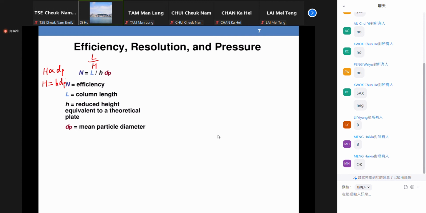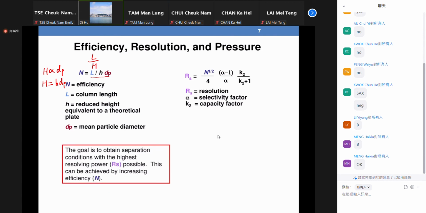Small h here is the reduced height equivalent to a theoretical plate. When dp decreases, N increases, and resolution is related to the selectivity factor and the N number; as N increases, resolution increases.